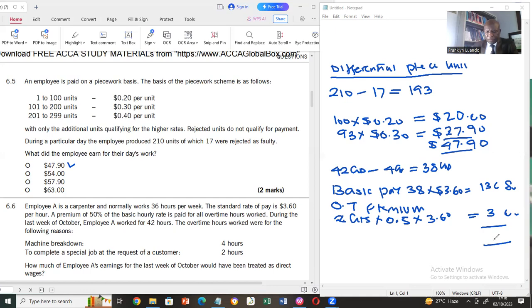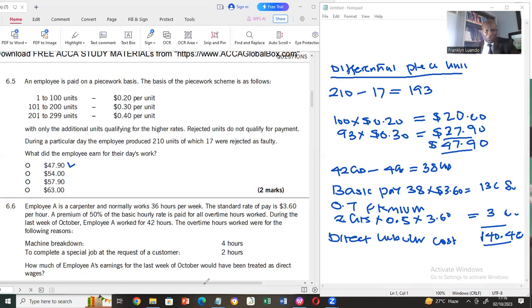Total: 136.8 plus 3.6, 140.4. 140.4 will be the direct labor cost.